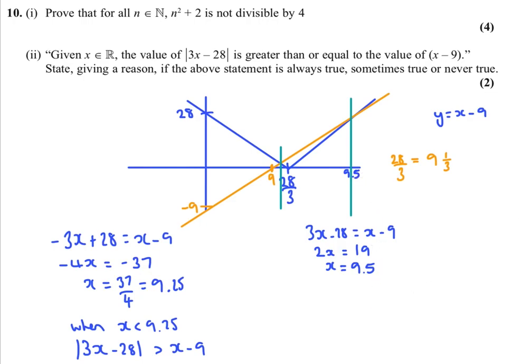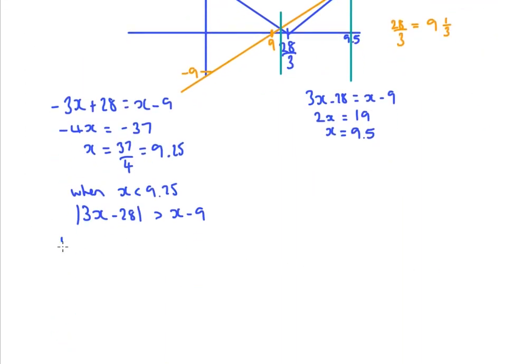So whilst x is between 9.5 and 9.25, x minus 9 is the one that's bigger. It's above it. The orange is above the blue.